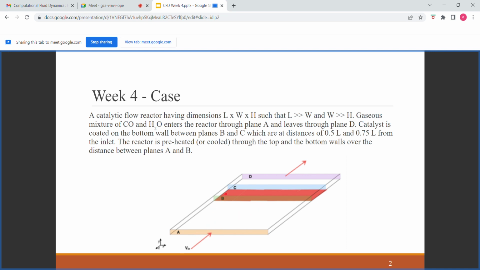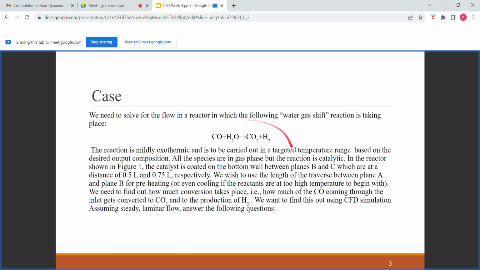The reactor is either preheated or cooled through the top and the bottom walls between planes A and B, depending on the requirement or the condition that is specified. That is the case for the assignment problem. The same water gas shift reaction, where carbon monoxide and water react to give carbon dioxide and hydrogen.